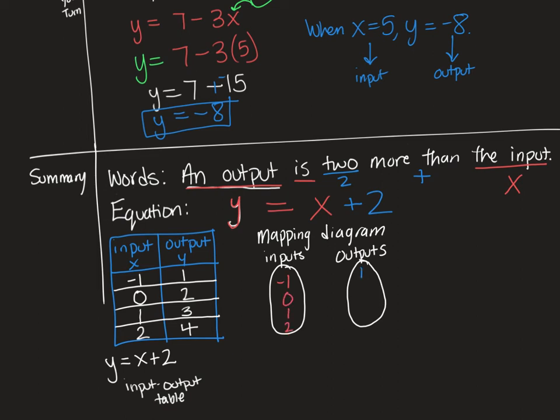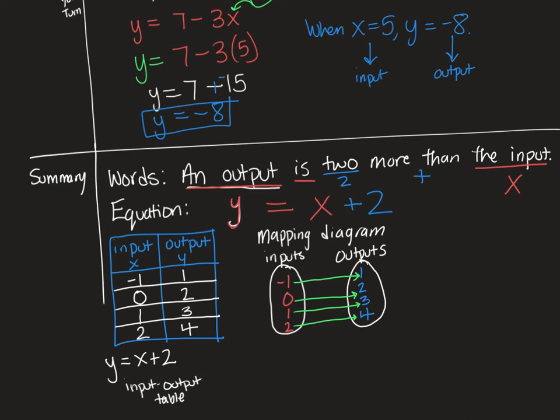My outputs are 1, 2, 3, 4. Oh, that's cool. -1 goes to 1. 0 goes to 2. 1 goes to 3. 2 goes to 4. Cool. So you could be given an input-output table. You could be given a mapping diagram.